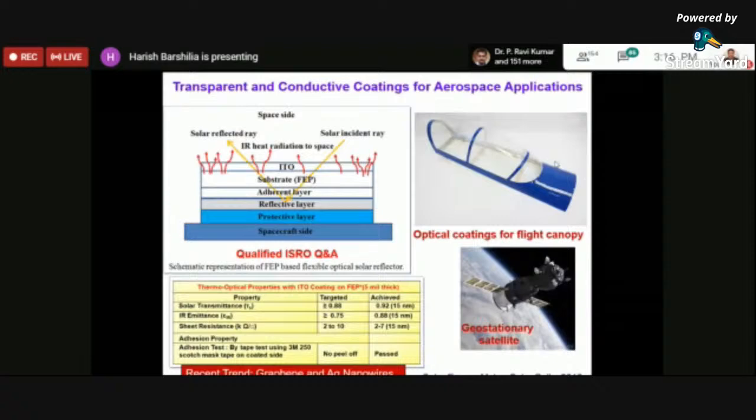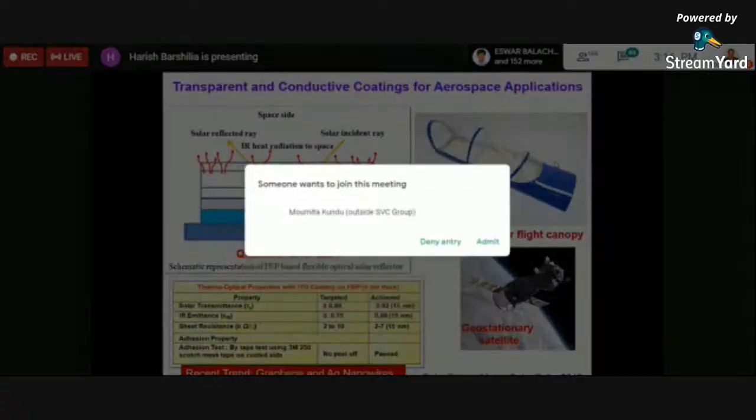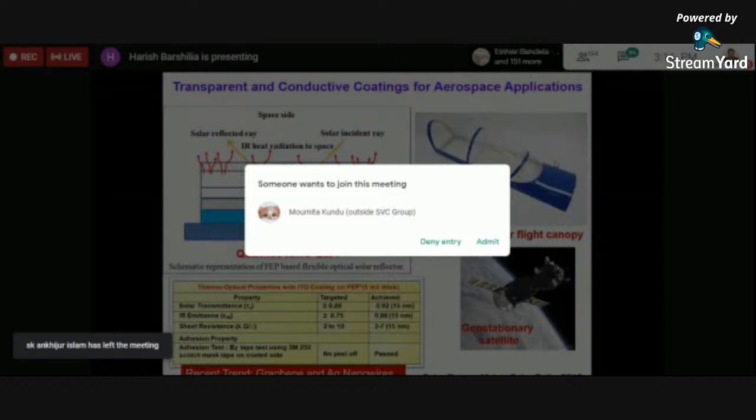There, a large number of coatings are required, wherein the solar transmittance has to be very, very high and the IR emittance has to be very, very high, because whatever solar radiation falls on this particular rocket or satellite gets reflected back. And the most important thing is that the sheet resistance also has to be very, very low.